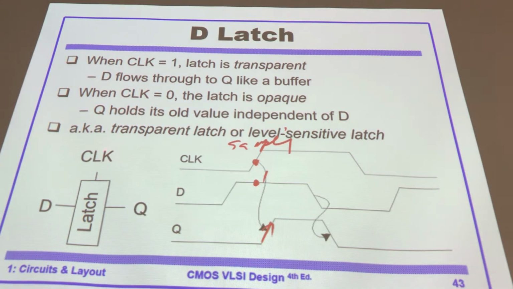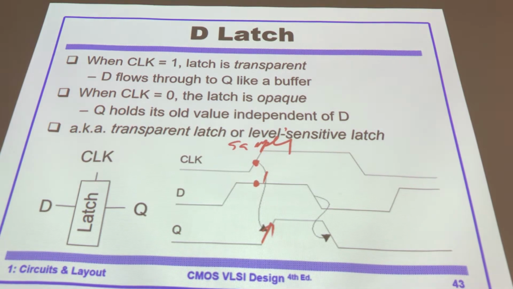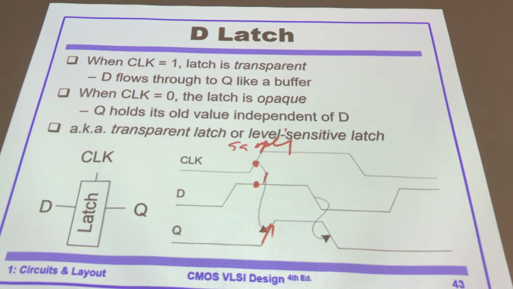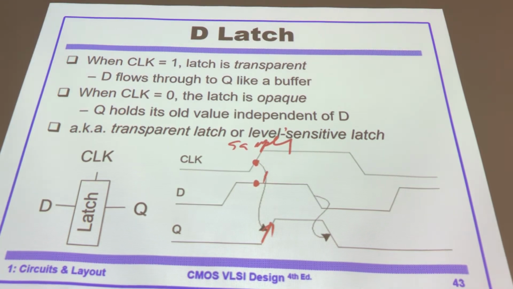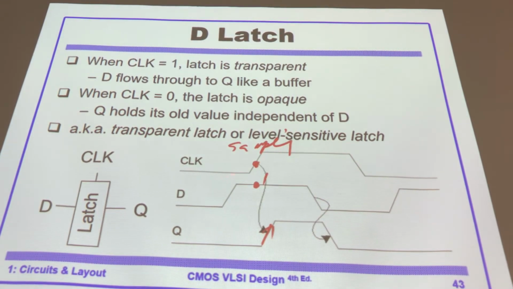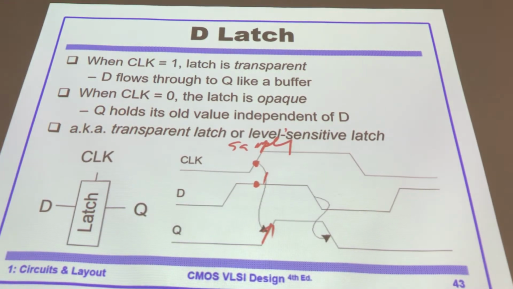Until it's enabled, it's high, then they can get into the inside and change the value after some delay. So that's how the latch operates. The reason why we say level sensitive is that when the level is high, it becomes sensitive. Low or high determines whether or not they can get through.